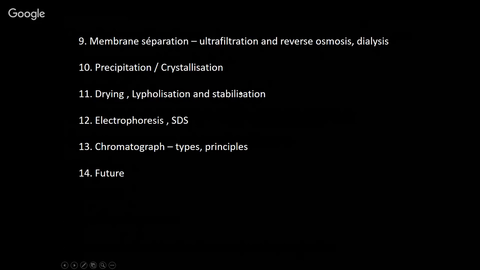Especially when we are dealing with biological systems, stabilization plays a very important role, because they can lose activity because of contamination, because of pH changes, because of thermal changes, because of oxidation, because of reactive oxygen species. So stabilization is a very important technique.